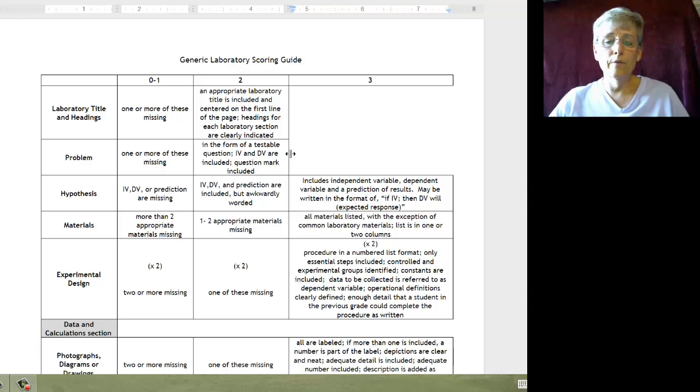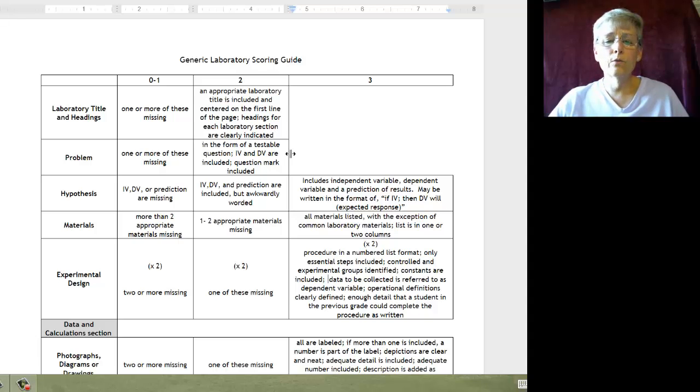Controlled and experimental groups are identified. Constants are included. The data to be collected is referred to as the dependent variable. The operational definitions are clearly defined, and there's enough detail that a student in the previous grade could complete the procedure as written without any help.